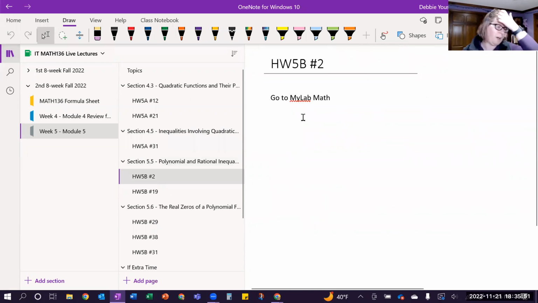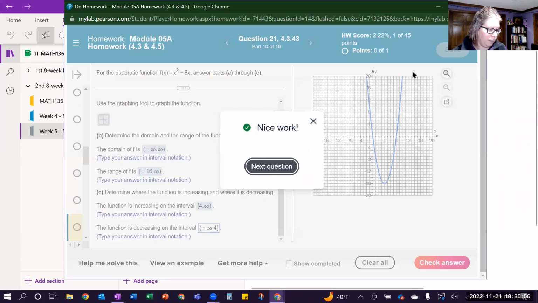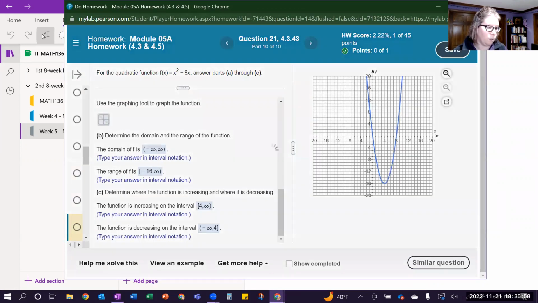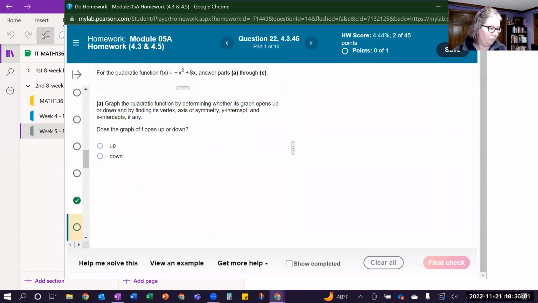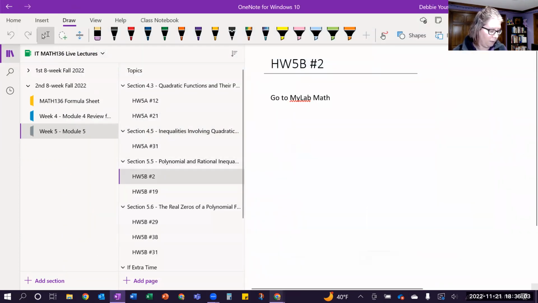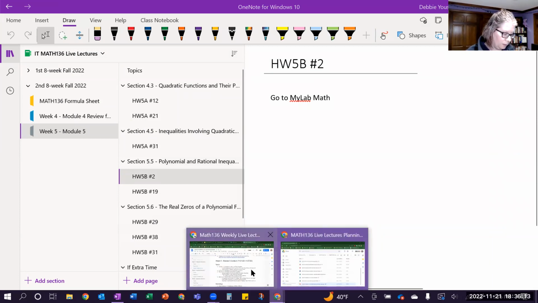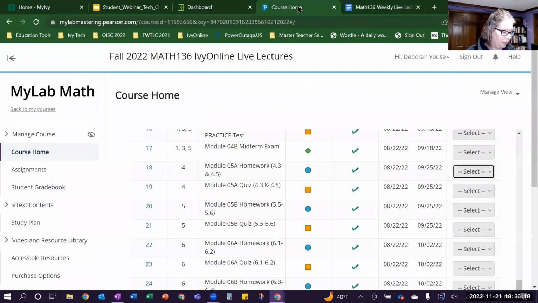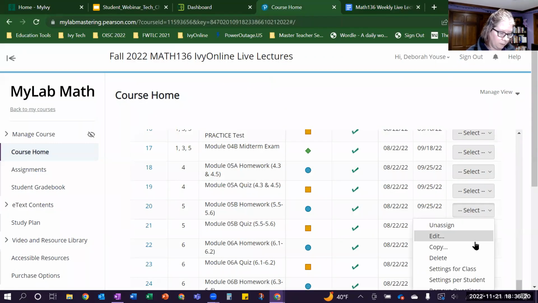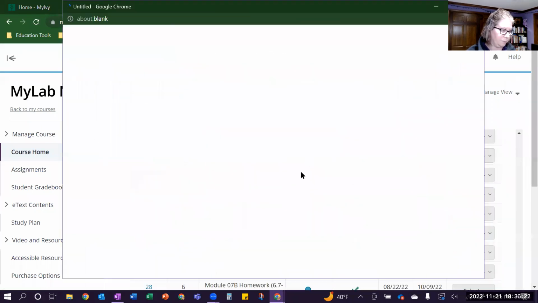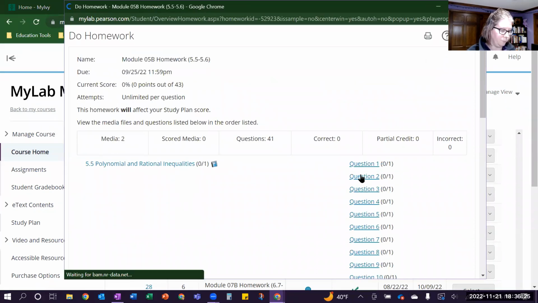So I'm going to jump to the 5B homework, number 2 in my lab. So I'm going to quit this one. It doesn't want to select this. There we go. And we're going to go to 5B, number 2.